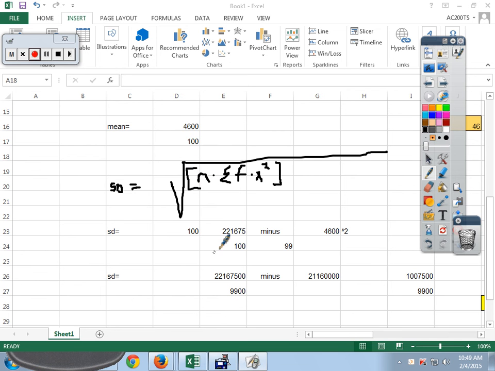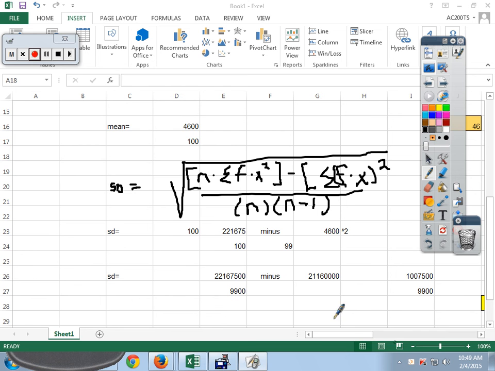Minus the summation of f times x, quantity squared, over n times n minus 1. Okay, so there is your formula.